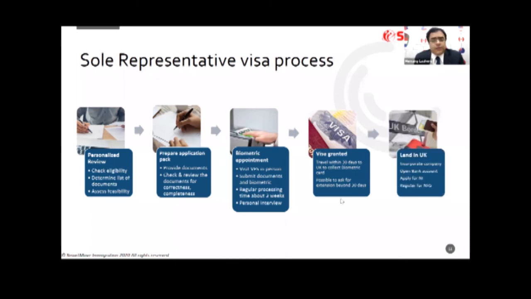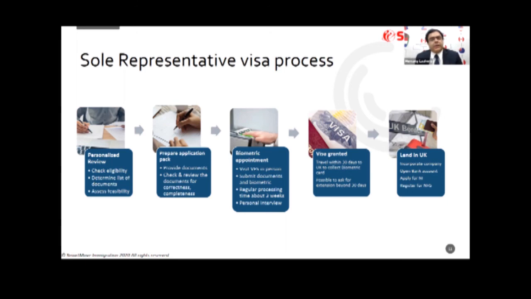Coming back to the process for sole representative, once you have the visa, you're required to travel to the country within 30 days. Once you land in the UK, we then work with you to get the bank accounts open, incorporate the company, apply for your national insurance, register you for the VAT and the payroll and all the rest of it.